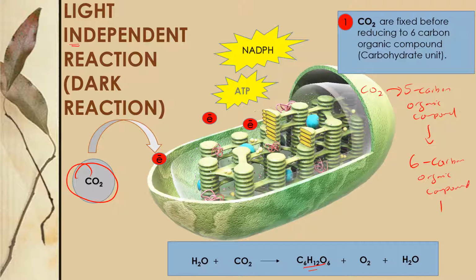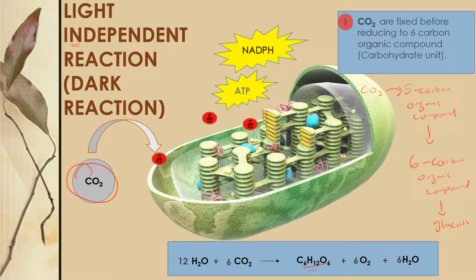So it will be called glucose, ataupun carbohydrate unit. Alright, so now is what we call the chemical equation. Okay, balancing the chemical equation. So because glucose consists of C6, so semua kena ada 6. Okay, C tu kena 6, H tu kena complete 12. So dia kena balance lah dia punya chemical equation.